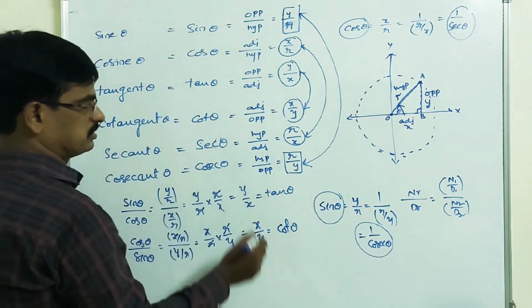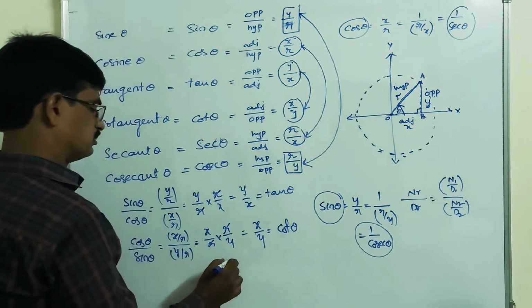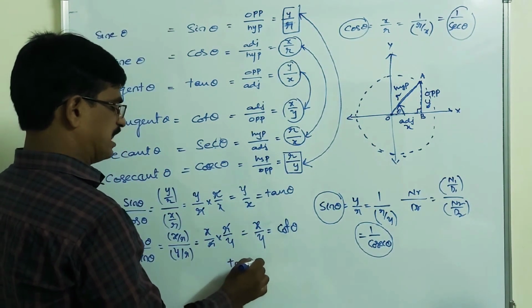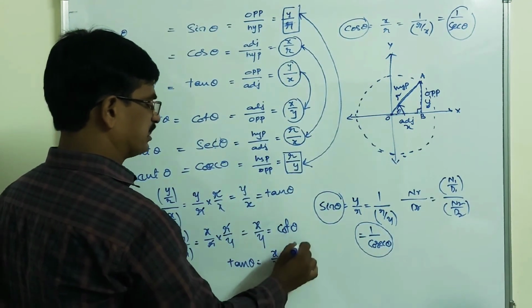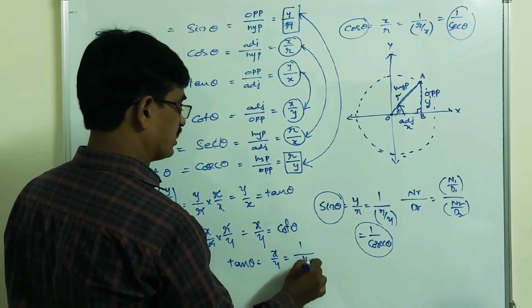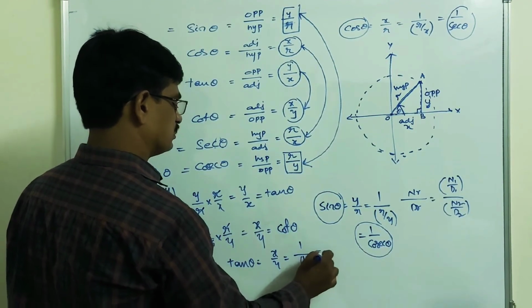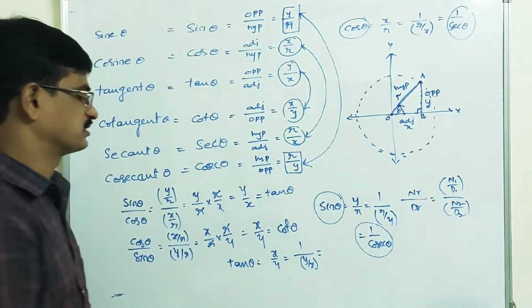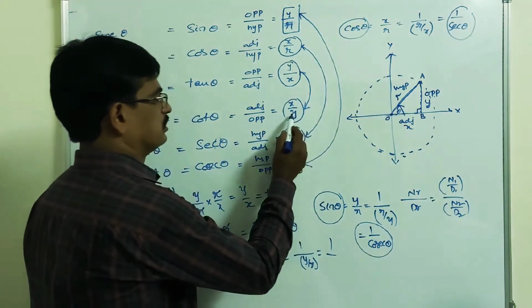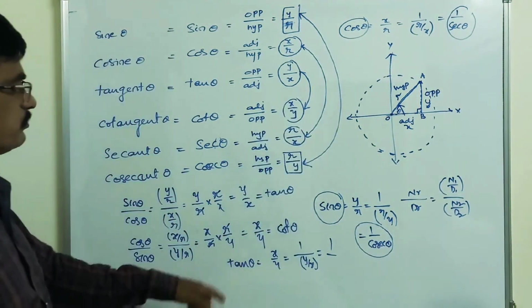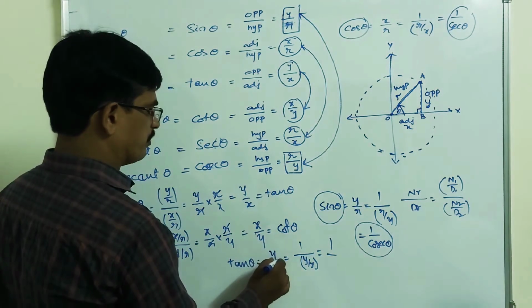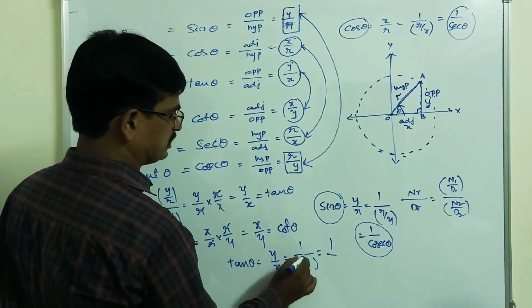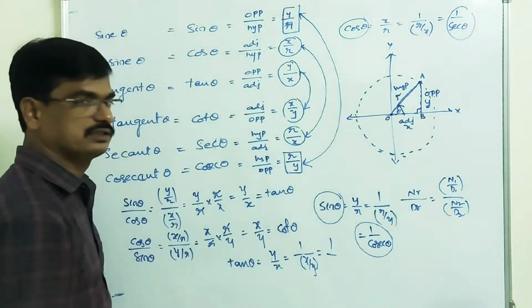And tan theta. See here, tan theta is equal to y by x. This can be written as 1 by x by y.